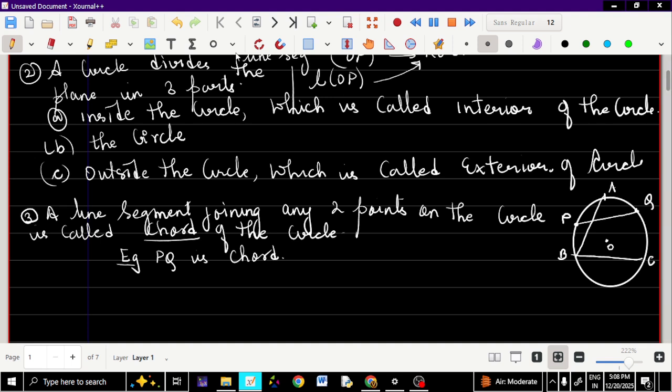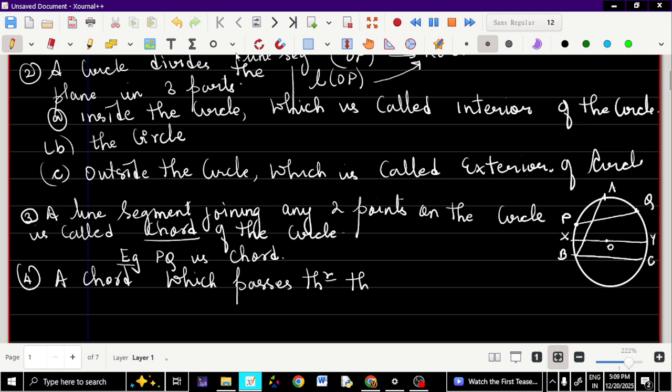Now, if there is a chord which passes through the center of the circle, then that is called diameter of the circle. Let's say from here there is a chord which passes through the center of the circle, and I will call it XY. So a chord which passes through the center of the circle is called diameter.